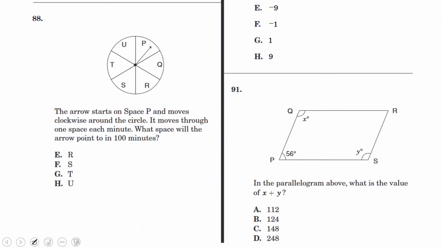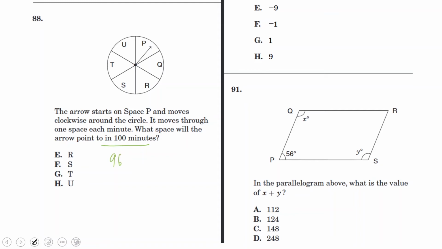Next. The arrow starts on space P and moves clockwise around the circle. It moves through one space each minute. What space will the arrow point to in 100 minutes? So since there are 6 locations here, we need to figure out the largest number that 6 can go into that is less than 100.